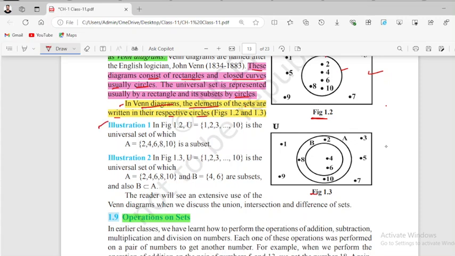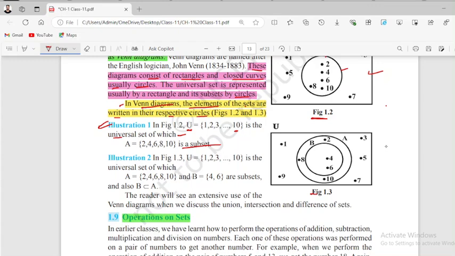Let us understand figure 1.2. The universal set is 1, 2, 3 up to 10, of which A equal to 2, 4, 6, 8 and 10 is a subset.